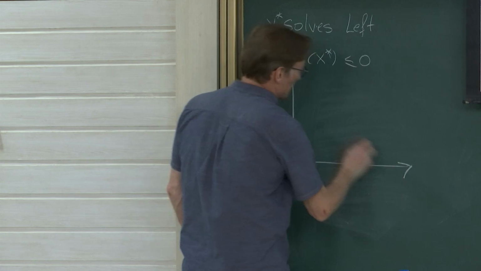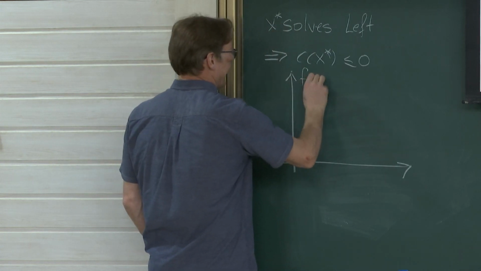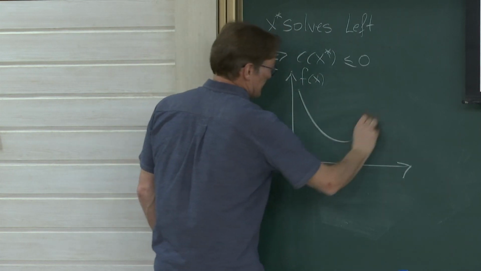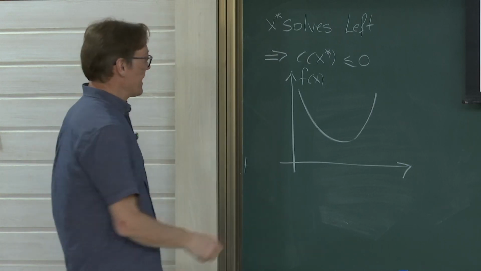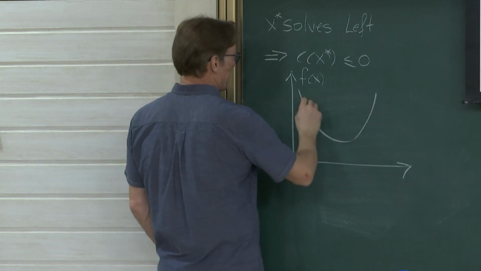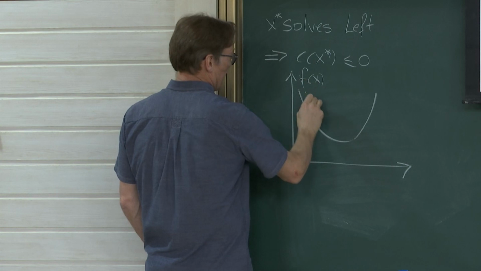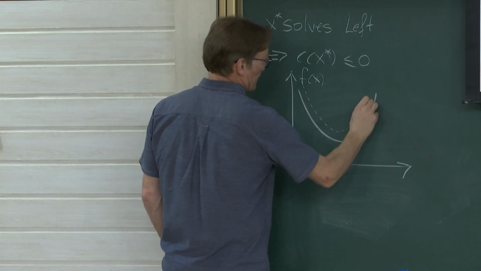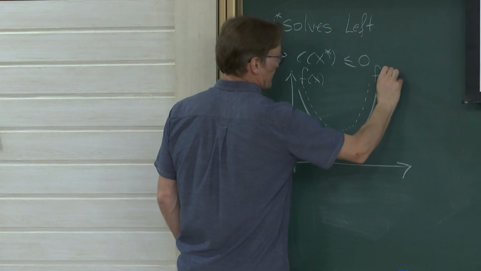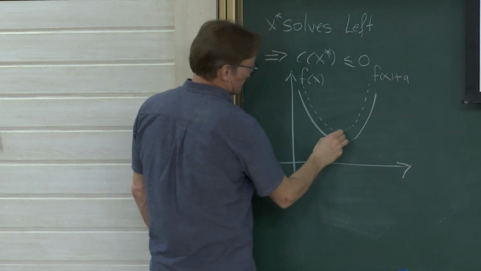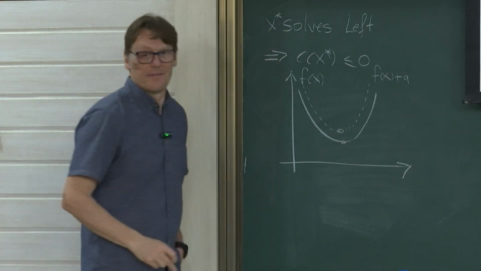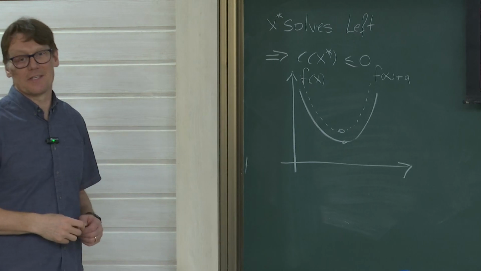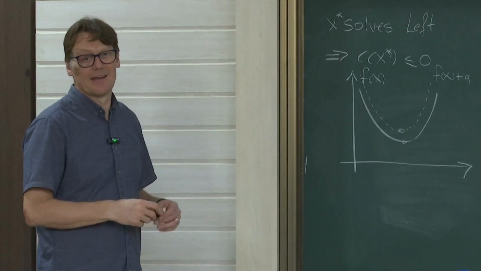I think I'm going to draw a picture. So if this is f of x, then f of x plus a would be another contour, and so the lowest point is independent of a.